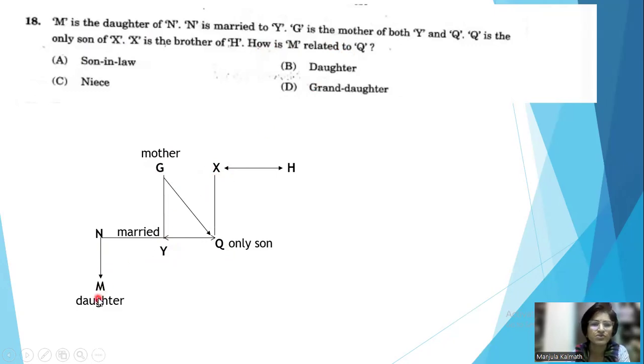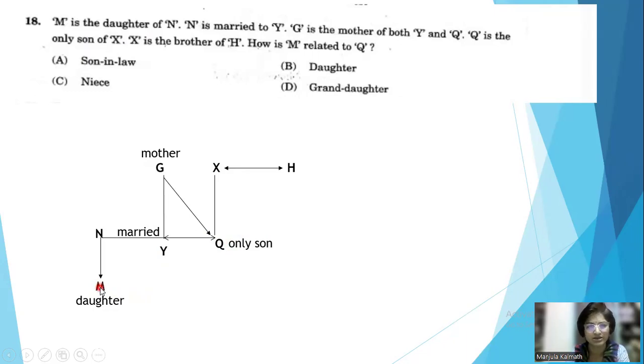M is the daughter of N, and N and Y are a couple. For Y, Q is the brother. So M's father's brother is Q. For M, Q is the uncle, and for Q, M is the niece.